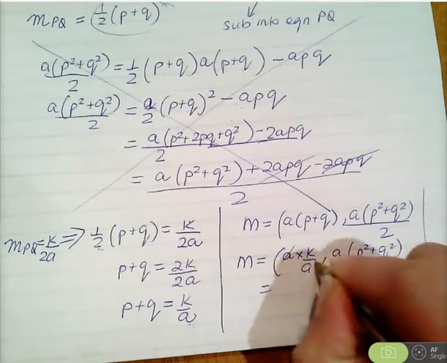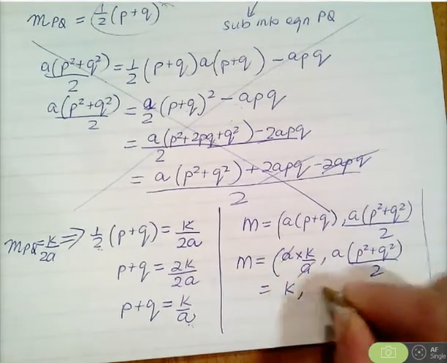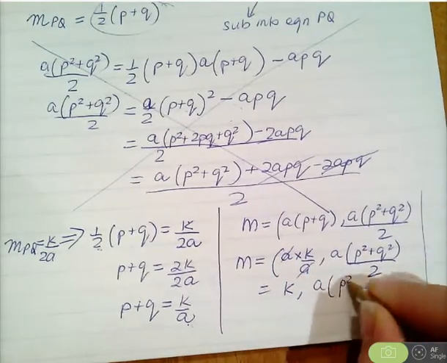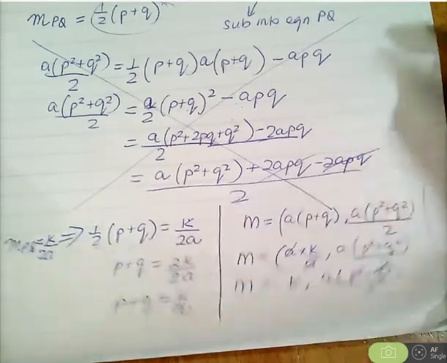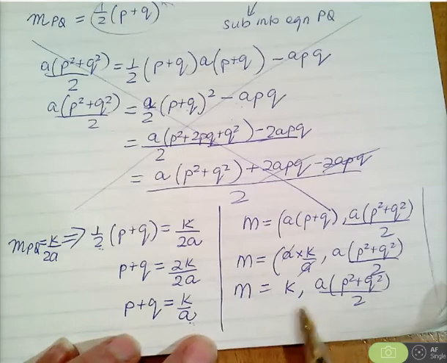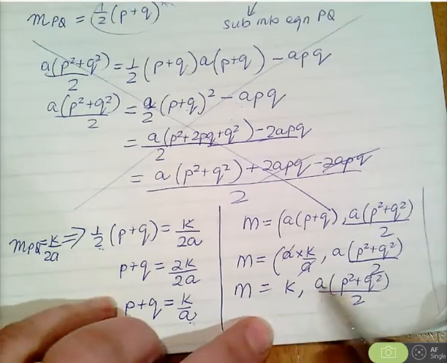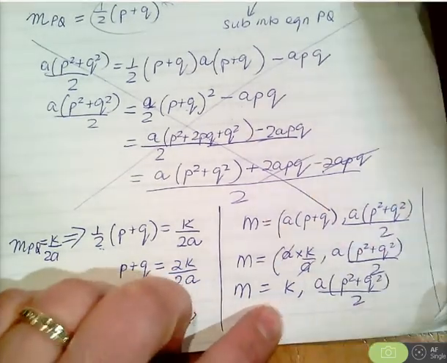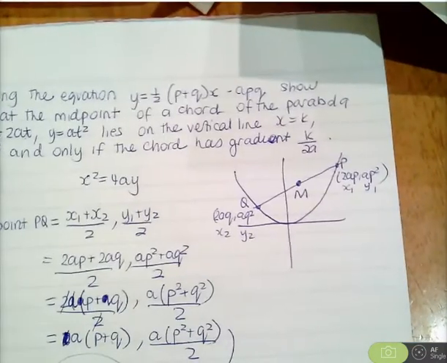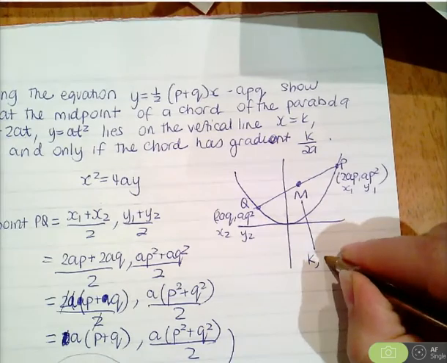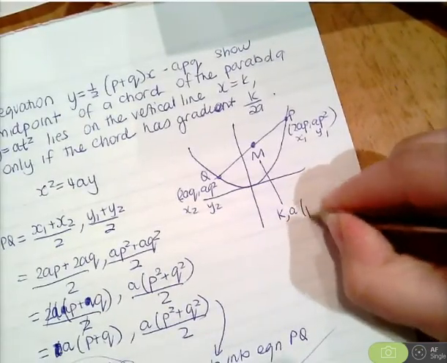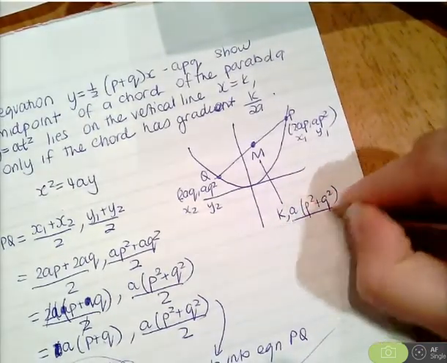Now the A's cancel, leaving 1, so we get that the midpoint is K, A times P squared plus Q squared over 2. So therefore that midpoint, because it's got coordinates K and something, I'm going to write those coordinates up here. So the coordinates of that are K, and A bracket P squared plus Q squared over 2.